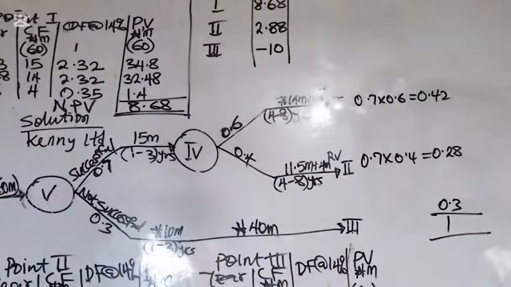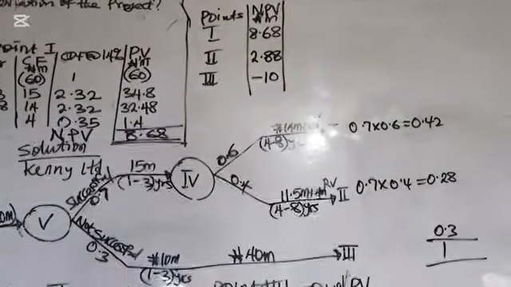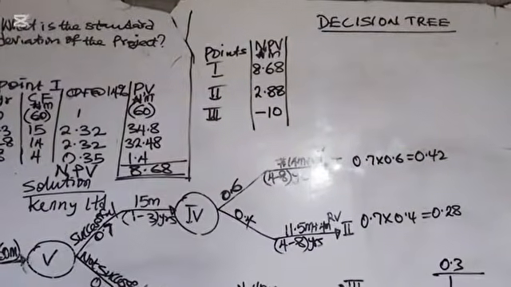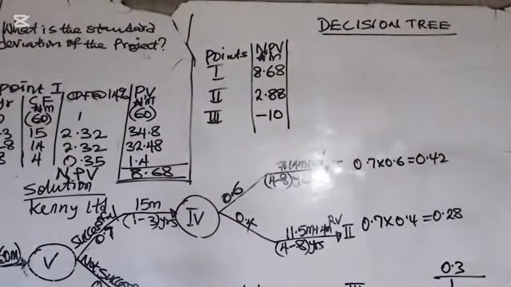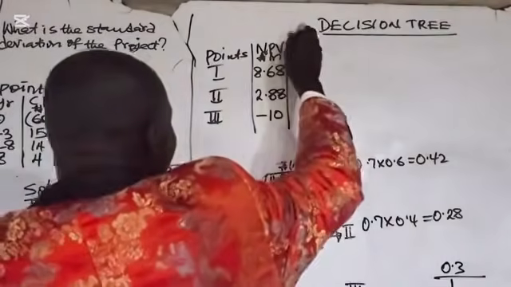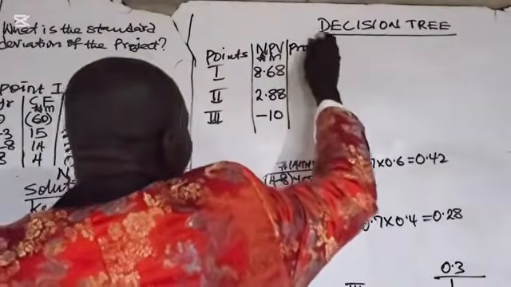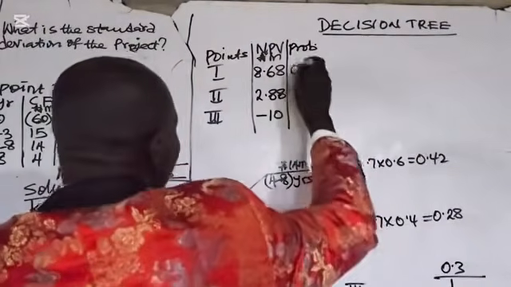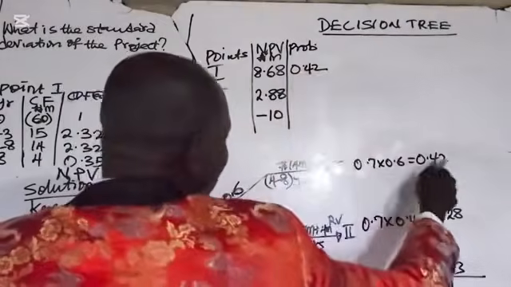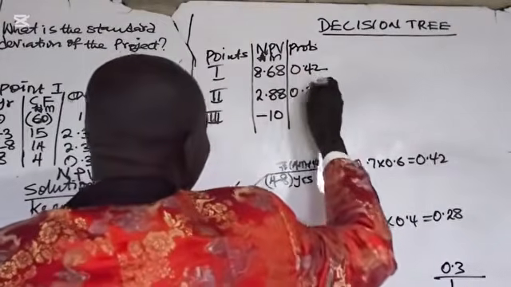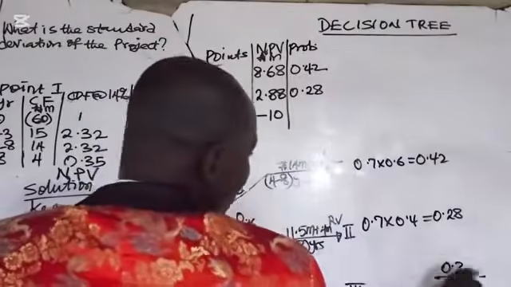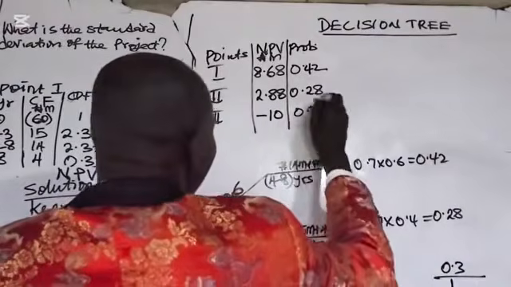So, we have the 3 probabilities: this one 0.42, this one 0.28, and this one is 0.3.